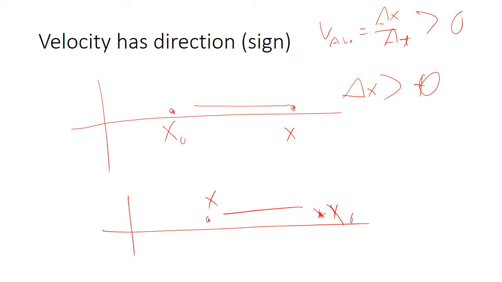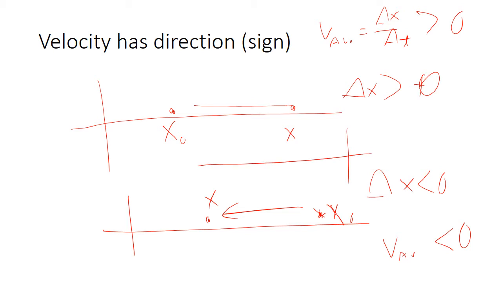Likewise, if we started here at x naught and we ended there at x, in that case we went this way. Now delta x is less than 0, therefore the average velocity is also less than 0, so it would be negative. And so velocity has sign. Again, if I had put my origin here, and that was x naught and that was x, now we have velocity that is positive.